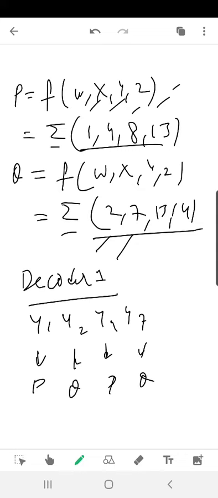Pin number 8 will be used for function P, pin number 13 will be used for both function P and Q, and pin number 14 will be used for function Q.